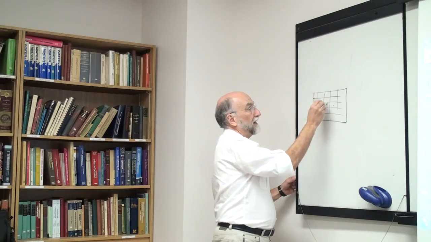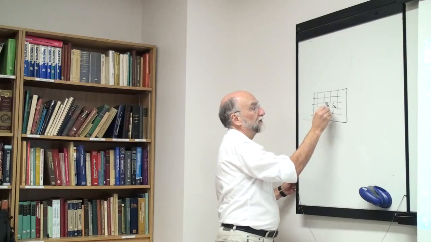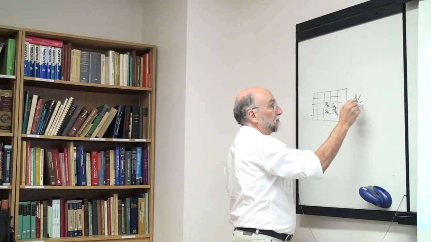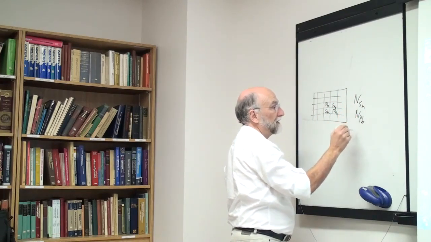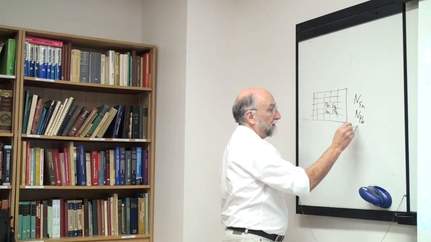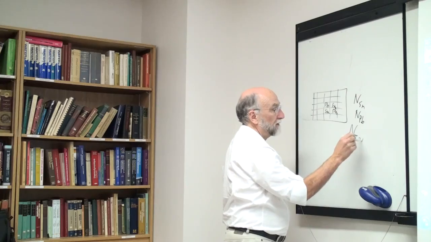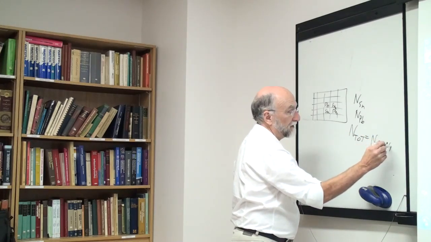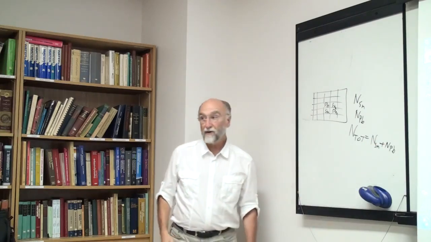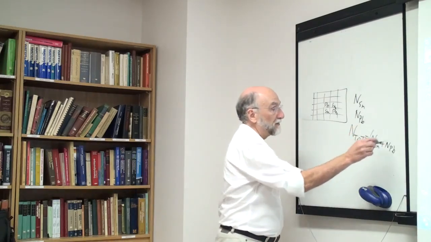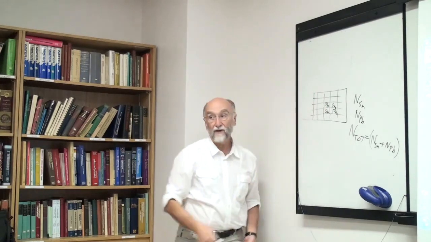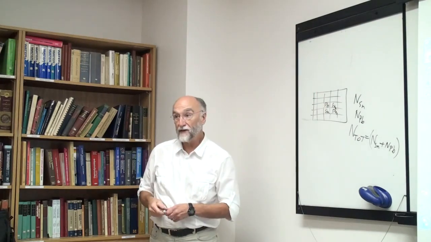So I can put lead and tin on these lattice sites, mixing them randomly. Let's suppose I have n tin atoms and n lead atoms, and the total n is n tin plus n lead. Now what is the entropy of distribution of the set? I'm not forgetting about energy now, but there's also a disorder because the lead and tin can be randomly distributed over the lattice sites.